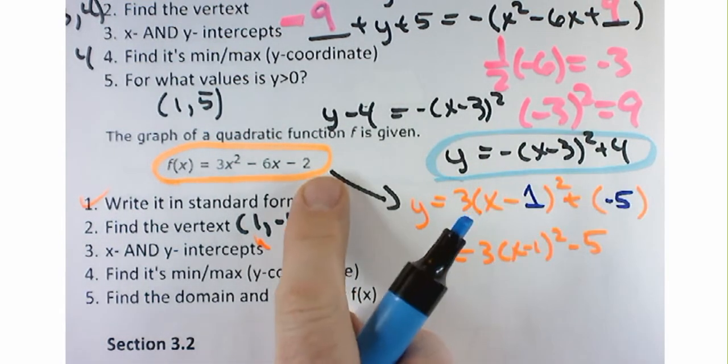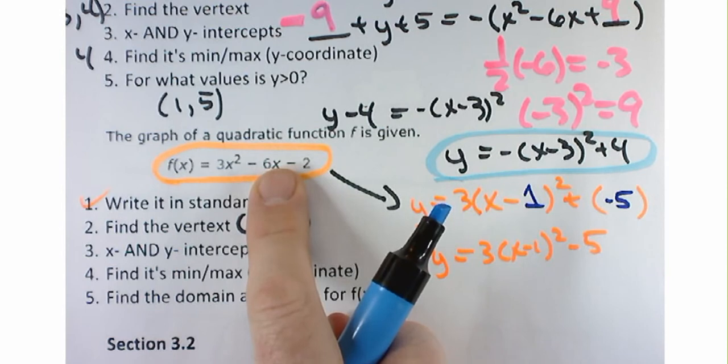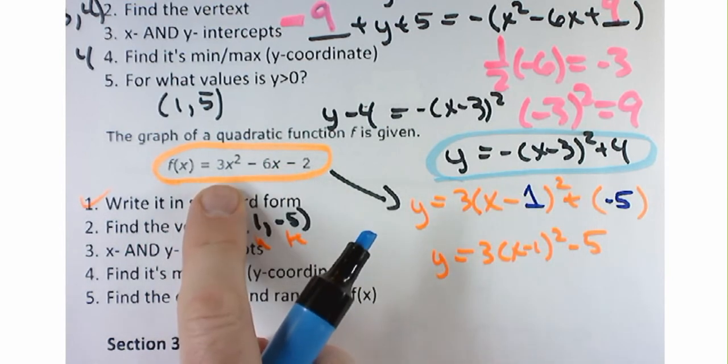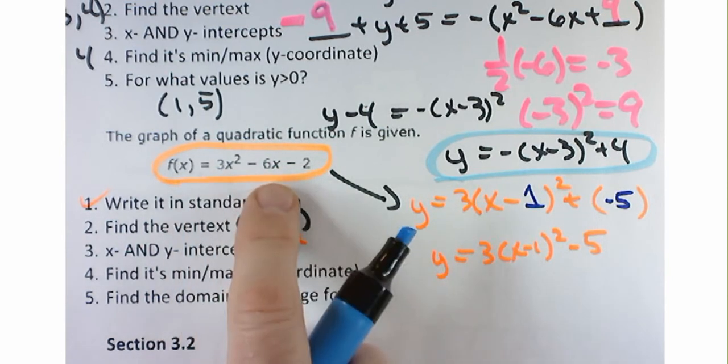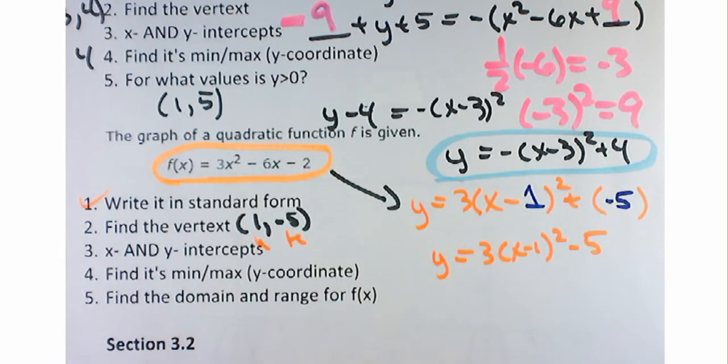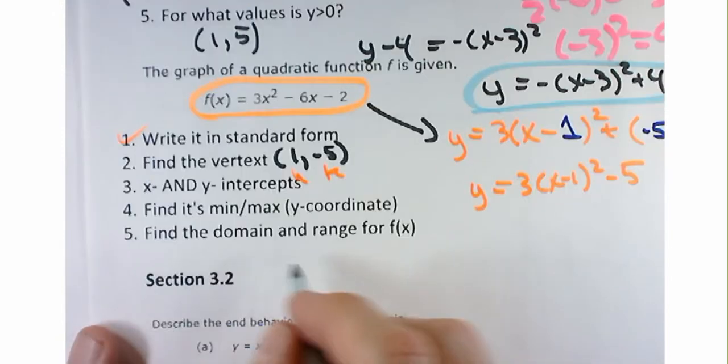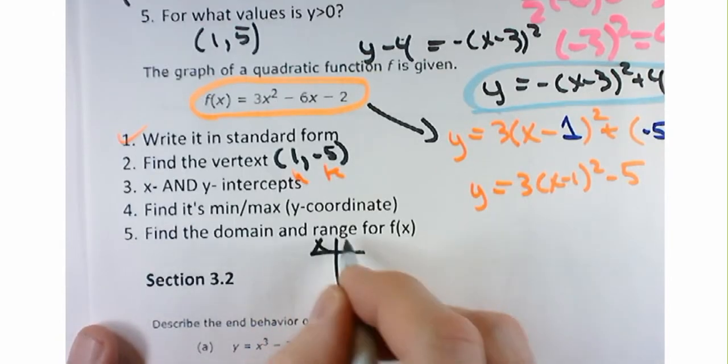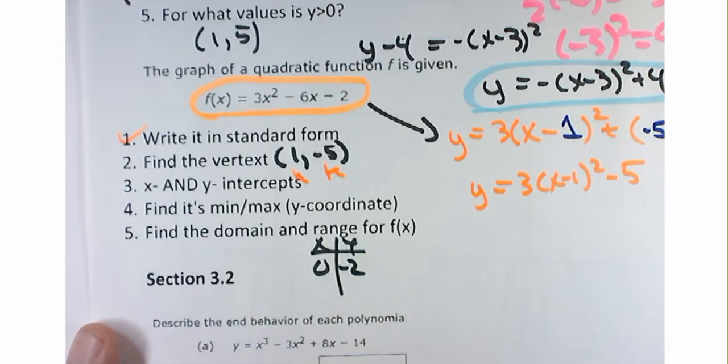But I argue that it's easier to do it over here, because if you set x equal to 0 here, the first term is 0, the second term is 0, and you're just left with negative 2. So you get (0, negative 2), that's your y-intercept.